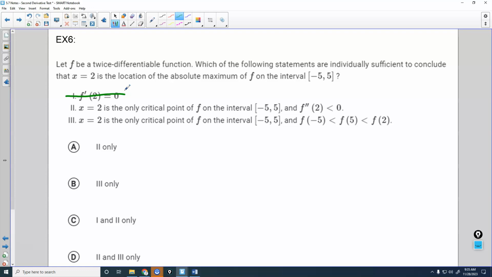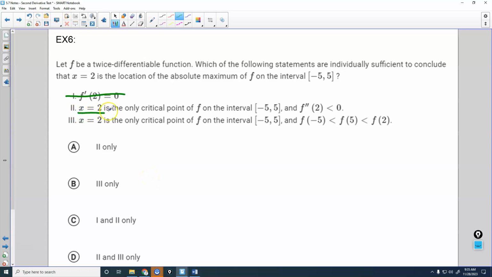All right, we are looking at absolute maximum, so that changes a couple of things. x equals 2 is the only critical point on f from -5 to 5, and f double prime of 2 is less than 0. So this is a second derivative situation.